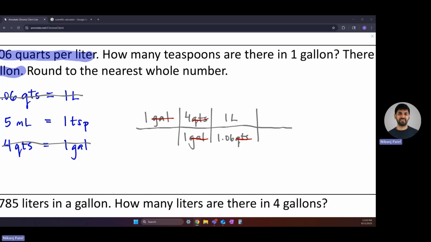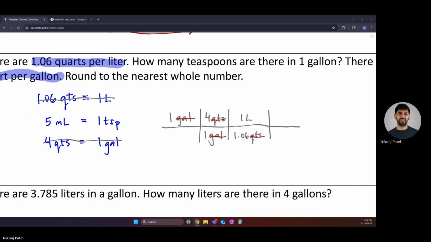It's like we need 1 more. We're trying to get to teaspoons, but this time it looks like we don't have liters though. So we need 1 more conversion factor here before we can get to teaspoons. I ideally want to put liters down here. I have milliliters, so we need 1 more.